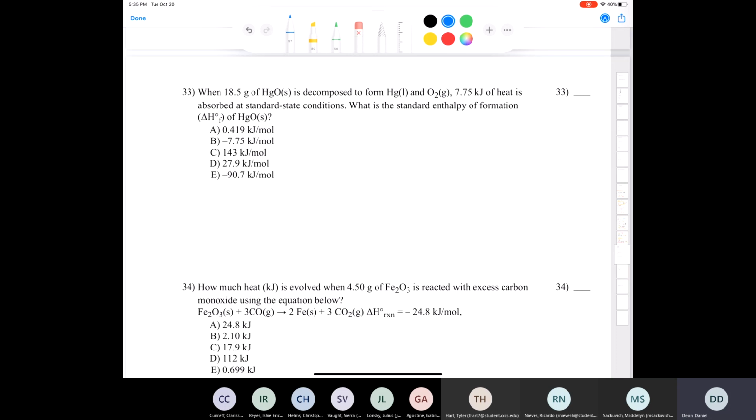So what's happening in the reaction is you're taking mercury 2 oxide, which is a solid, and it is decomposing to form mercury, which is a liquid, plus oxygen, which is a gas, and they're telling you that the delta H of this reaction is equal to 7.75 kilojoules. And you're starting out with 18.5 grams of mercuric oxide.